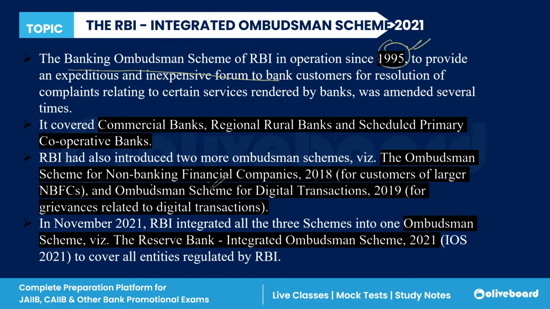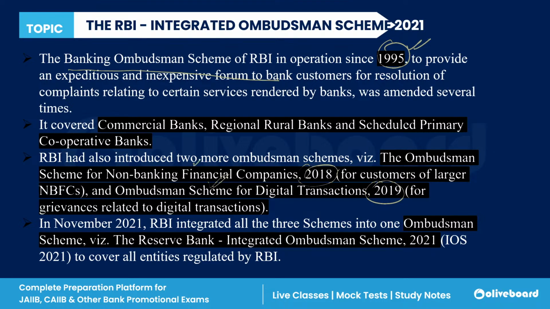The second scheme was the Ombudsman Scheme for Non-Banking Financial Companies, NBFCs, which started in 2018. And the third scheme was the Ombudsman Scheme for Digital Transactions, which started in 2019. Okay, so these were the three schemes for different types of consumers.